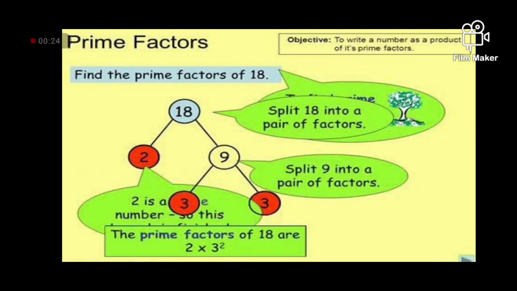Then 9 is a composite number. We will split 9 more, and 9 splits into 2 branches, 3 and 3, because 3 3s are 9. But 2 is already a prime number. So the prime factors of 18 are 2 multiplied by 3 multiplied by 3.